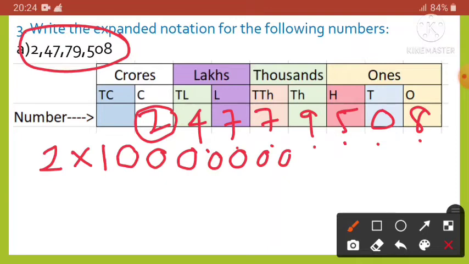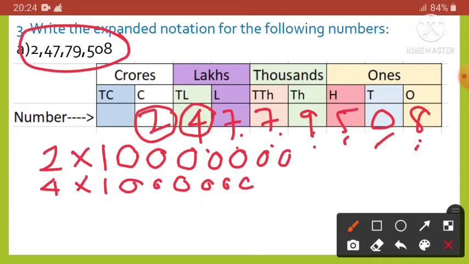Okay, so how can you do that? Here it is 4 under TL. So write 4 and then write 1, and how many zeros? 1, 2, 3, 4, 5, 6. So it will be 1 followed by six zeros.